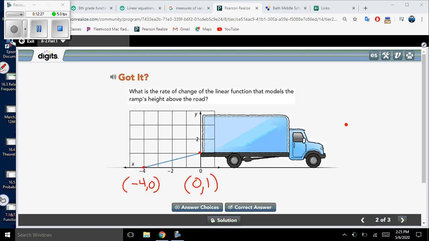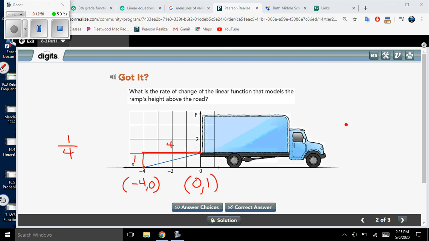And so one of the things that we could do, if we're talking about the rate of change, you could, for that matter, read the graph and say, hey, I'm going to go up from 0 to 1, and I'm going to go right from negative 4 to 0, so I'm going to go right 4. So you could make the argument that the rise over the run is 1 over 4. You could do it that way.